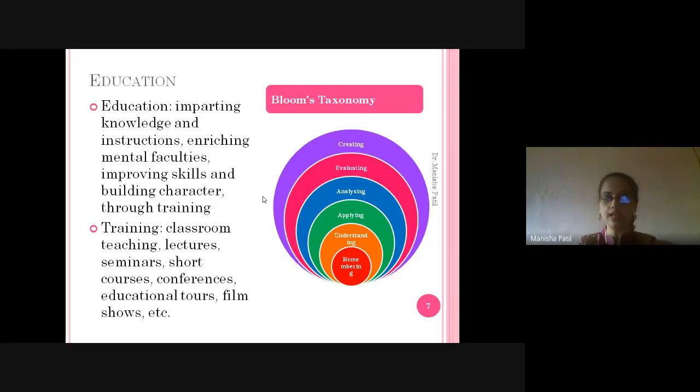So that is your last stage, that is creating. So when we talk about education, there are 6 steps. It is known as Bloom's taxonomy. I repeat: remembering, understanding, applying, analyzing, evaluating, and creating.